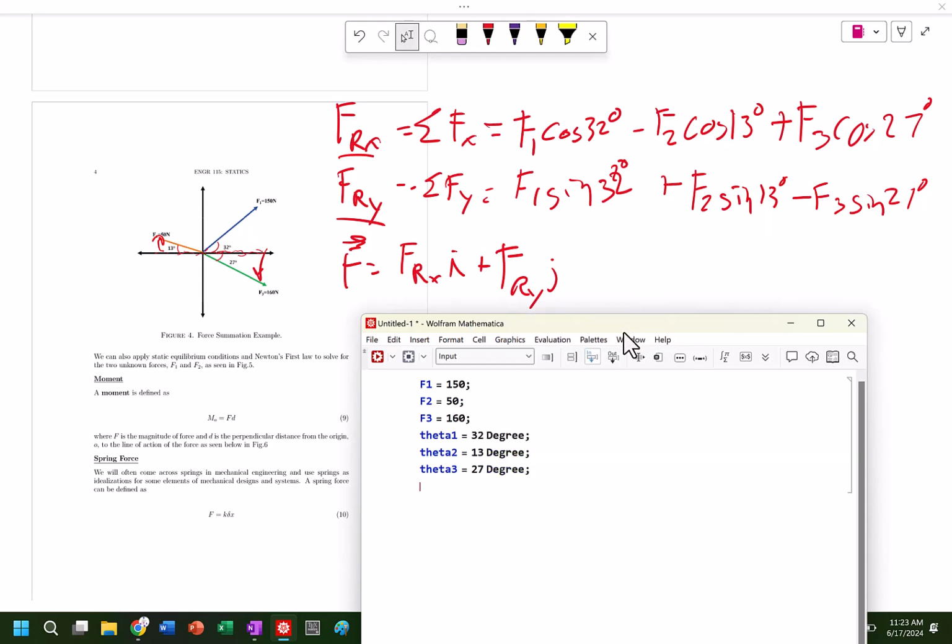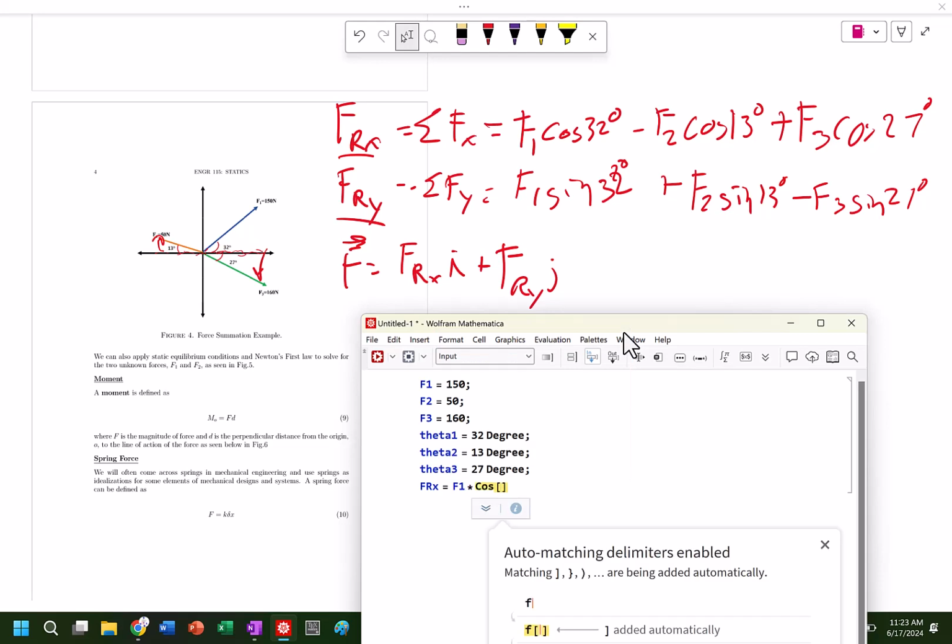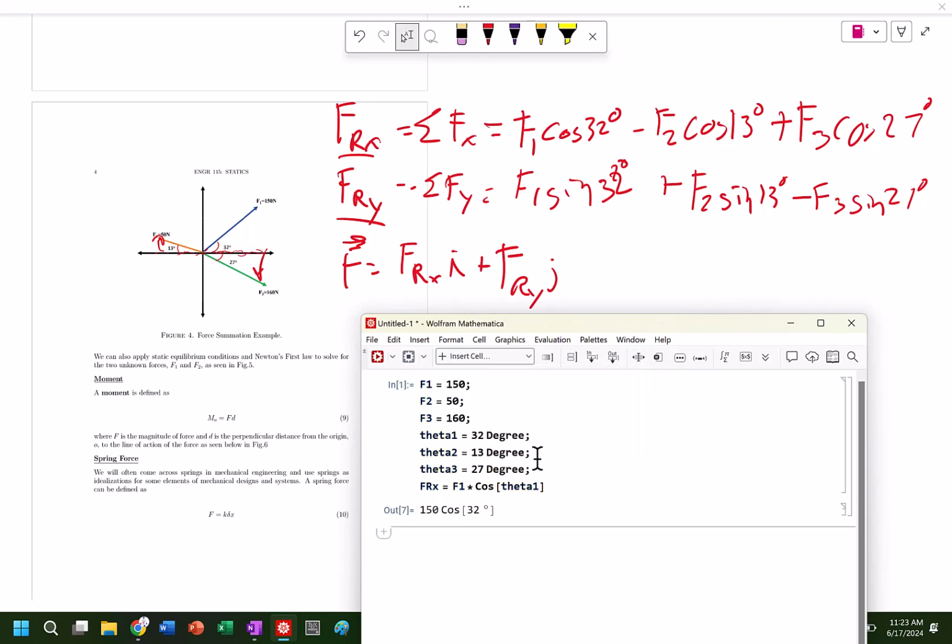And I'm going to say that F sub x, or Frx, is equal to F1 times cosine of theta 1. And actually, I'm going to do this minus F2 times cosine of theta 2, plus F3 times cosine of theta 3.